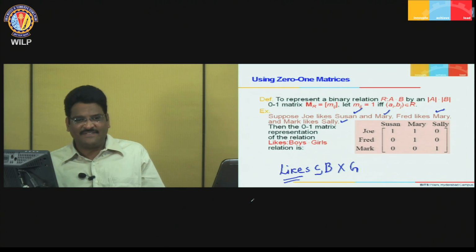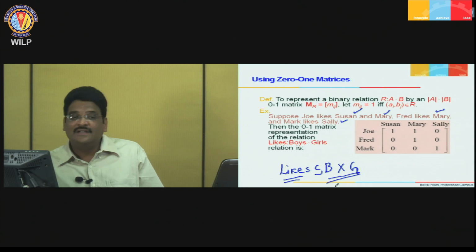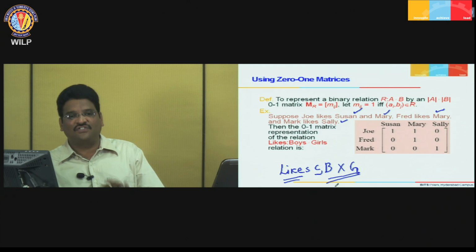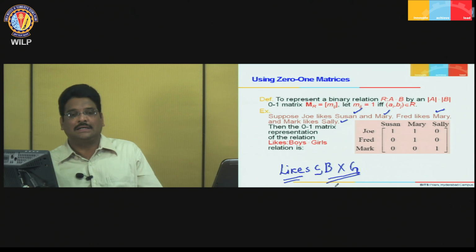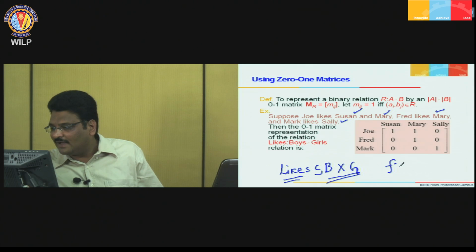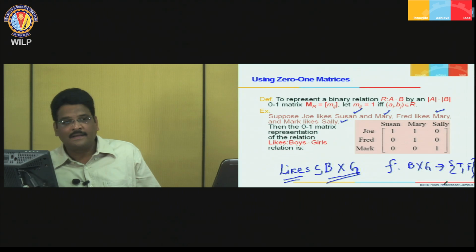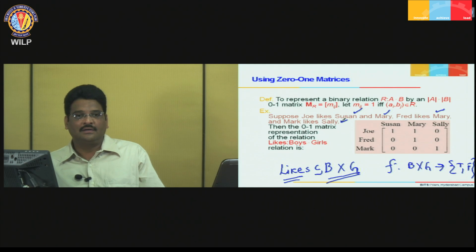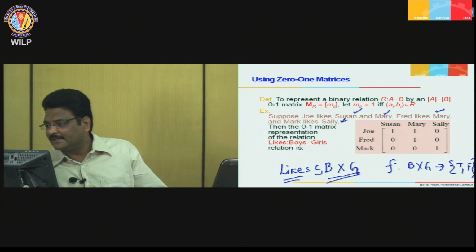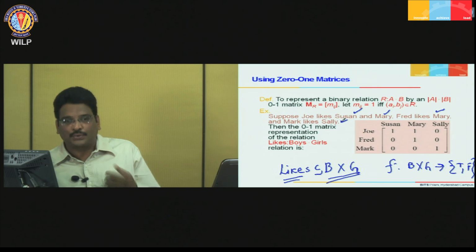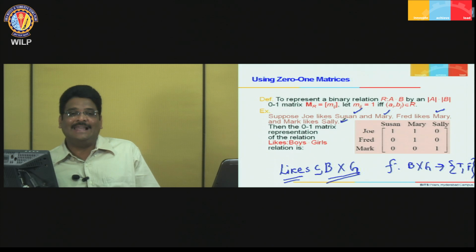Another way is I actually go to B cross G. I take each tuple from B cross G and associate true when a particular boy likes the girl, otherwise false. This is the function that I am defining. Basically I can define a function from B cross G to {true, false}, and f of Joe comma Susan is true, f of Joe comma Mary is true, f of Fred comma Mary is true, f of Mark comma Sally is true.